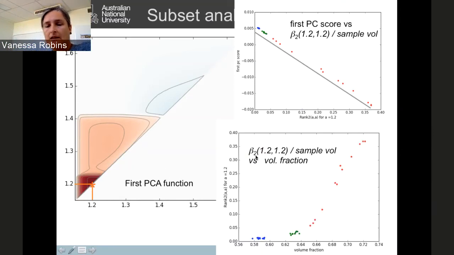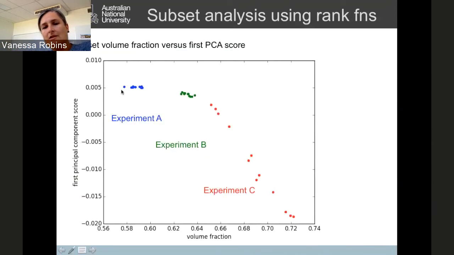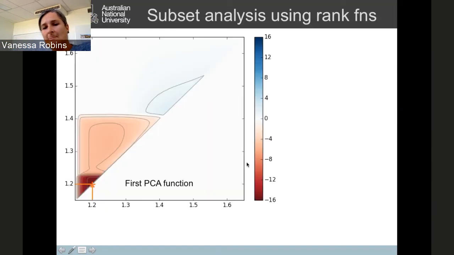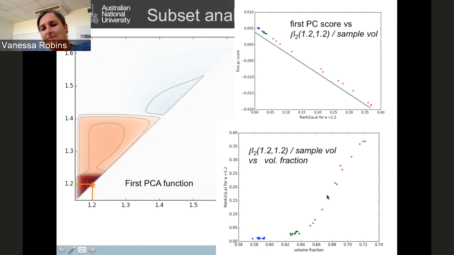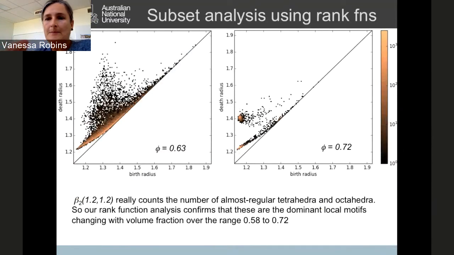And if we look at Betti 2 of the alpha shape at 1.2 versus volume fraction, we recover pretty much the same trend, we've just flipped the sign. So we've backed out a very simple geometric parameter that's correlating with volume fraction.